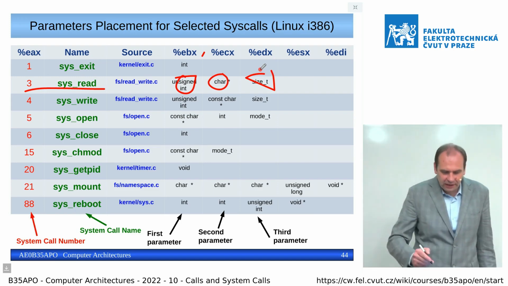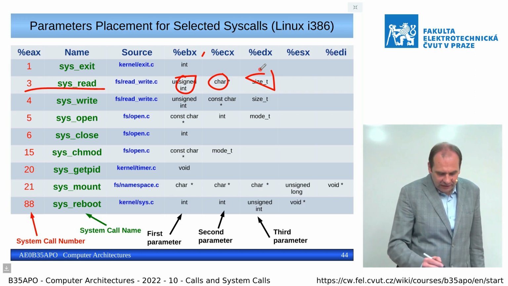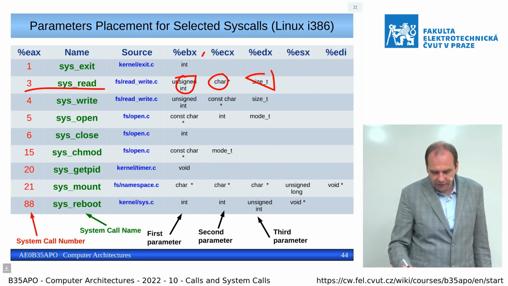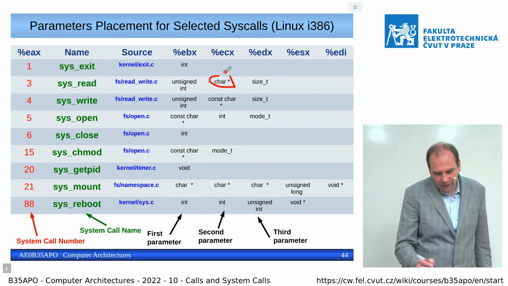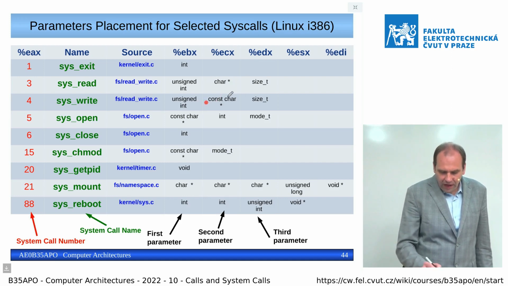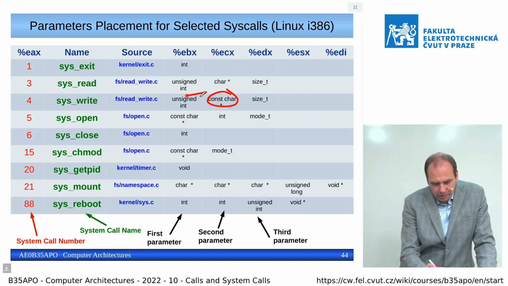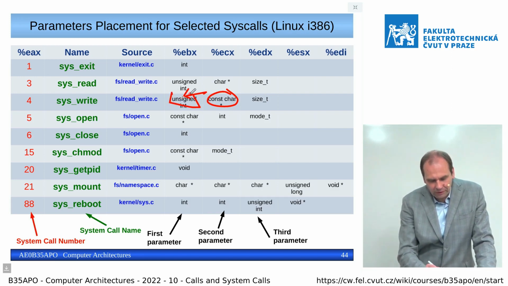Easy, it executes, and in EAX, it returns how many bytes have been successfully written to the user memory, or in fact read from the file. For the write, you provide the buffer which should be written to the given device.